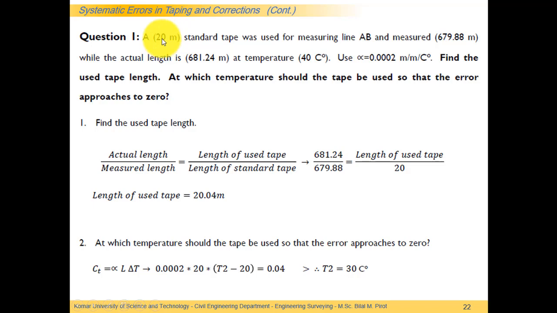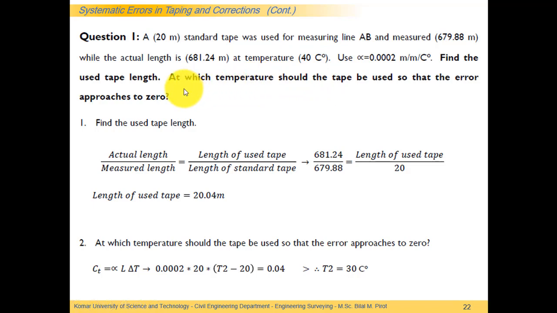The length of the tape should be 20, but the tape that we have used may not be 20. So we have to find the true length of the tape. At which temperature should the tape be used so that the error approaches 0? We used the tape in this temperature, so we have to find the exact temperature of the tape.